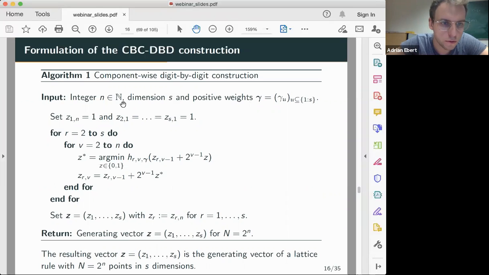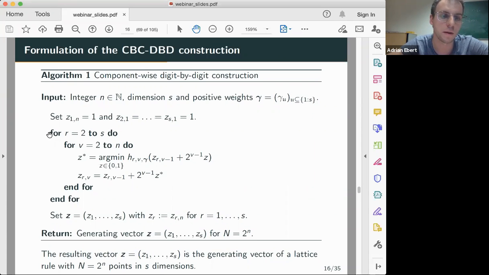So I will try to explain how the algorithm works. We have as an input an integer n, the dimension s, and the weight sequence gamma. Then we set the first component of our generating vector to 1, and additionally we set the digits of the remaining components of our generating vector to 1. Then we have two loops.